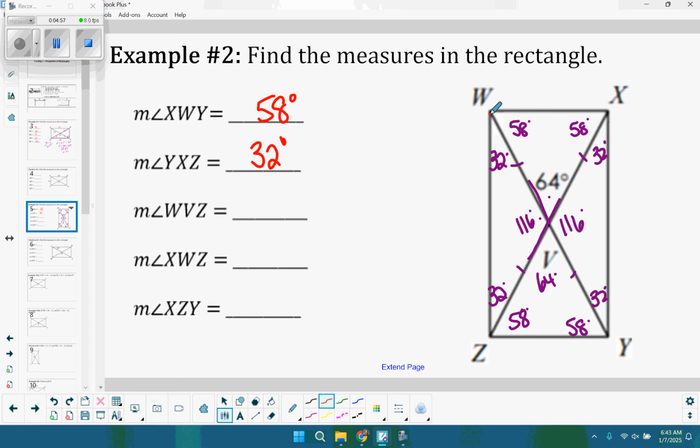W, V, Z points to the 116. X, W, Z is the whole corner. So that's 90 degrees. And X, Z, Y was this corner down here. That was another 58 degrees.